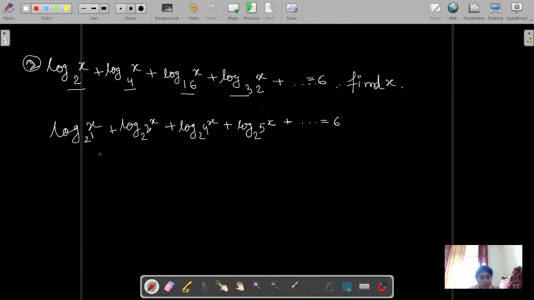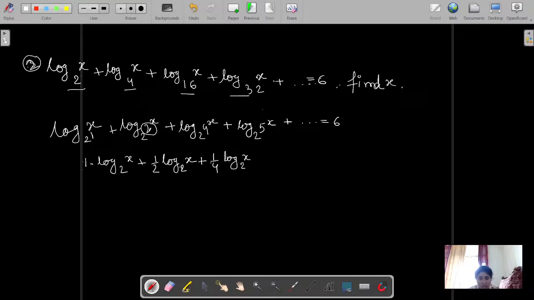So 1 into log 2 base x. Here it will be 1 by 2 into log 2 base x, means this power will come as a reciprocal to the front of the log. Okay, so that is the property.